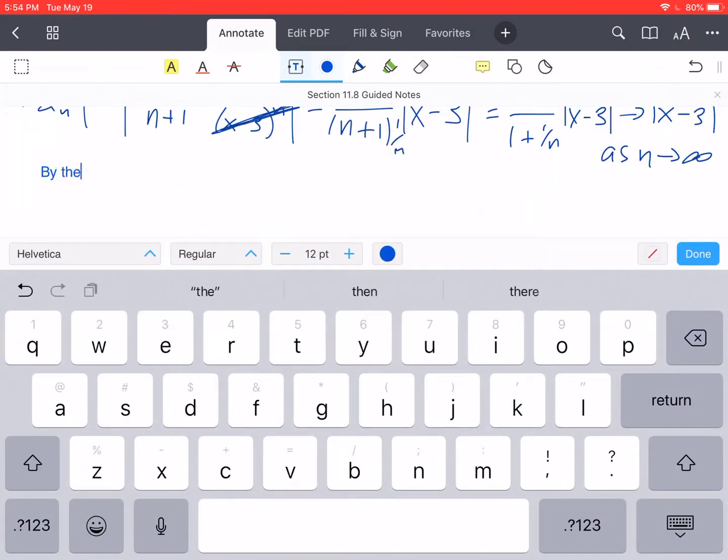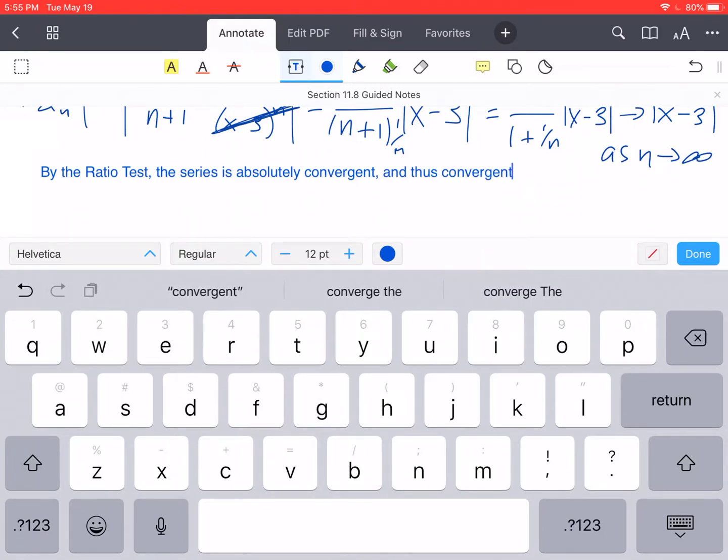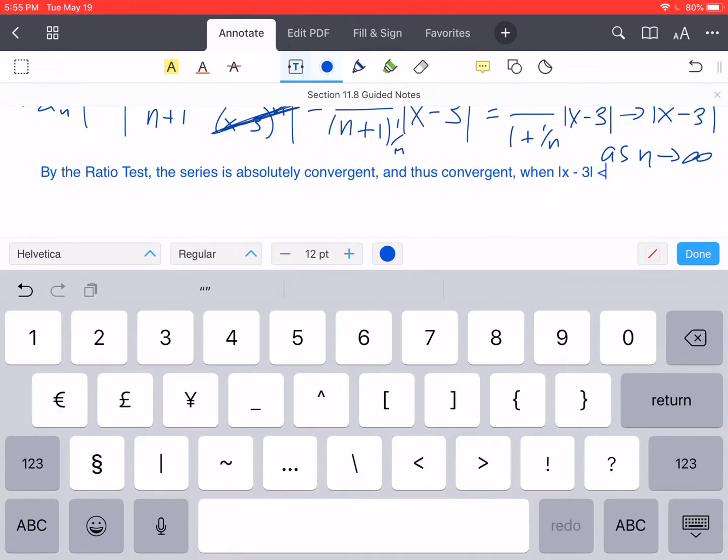So by the ratio test, the series is absolutely convergent, because we're dealing with the absolute value, and thus convergent when the absolute value of x minus 3 is less than 1.